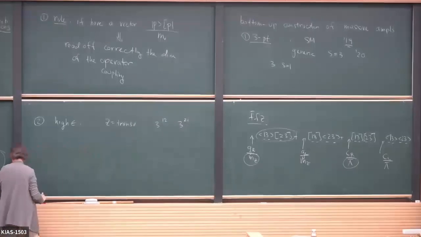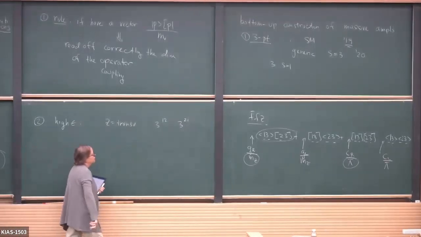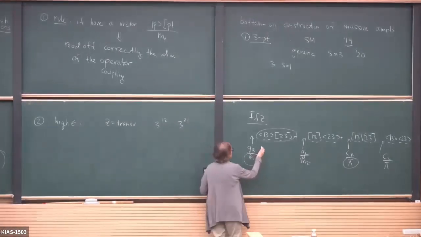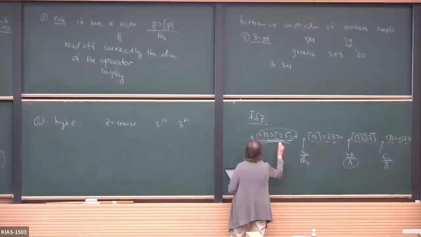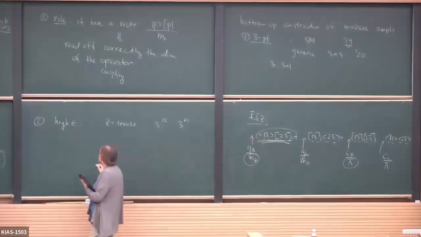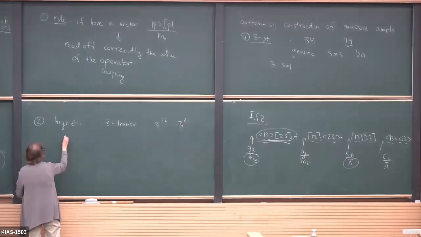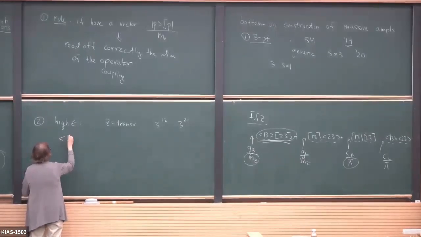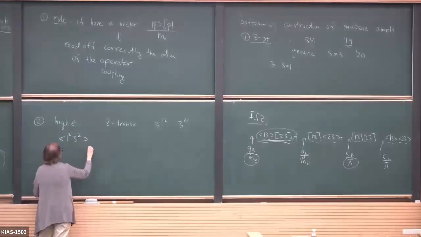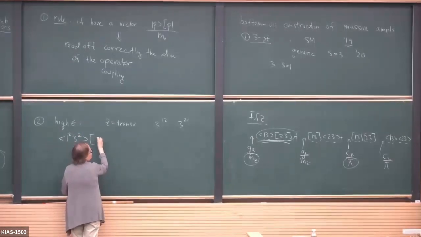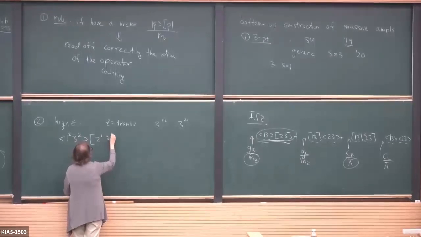Okay, so for example, let me look at this first term here. So what I'm going to have here, for example, is 1, 2, 3, 2, 2, 1, and 3, 1.